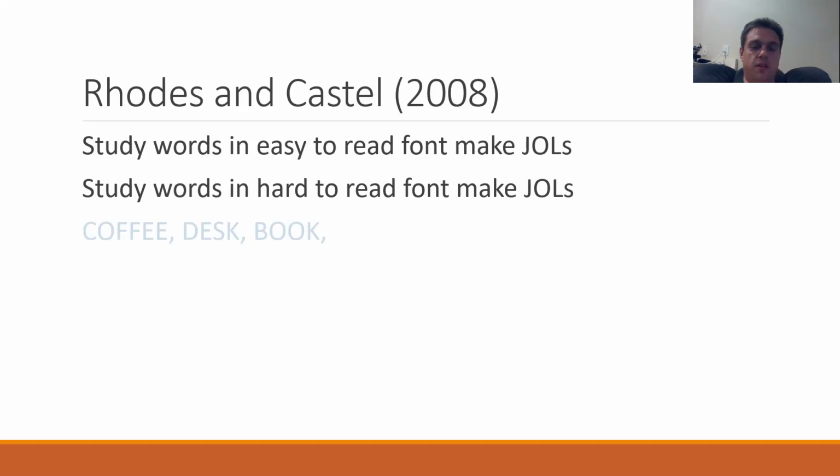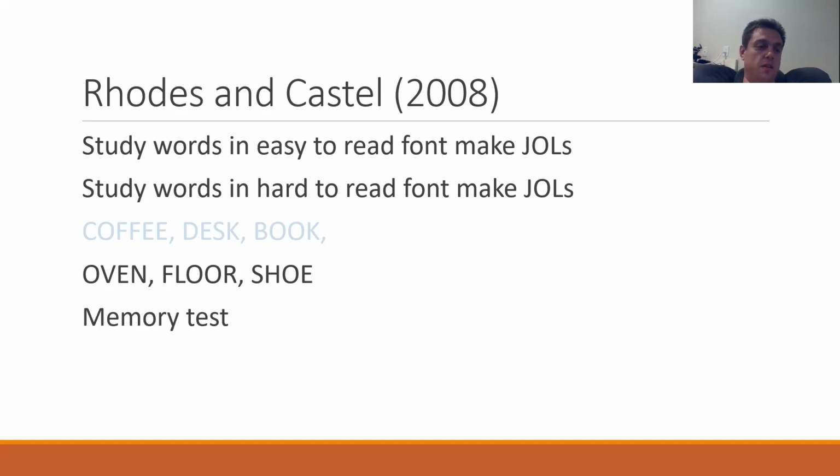They've done a few variations, but a font size that makes it hard to see, or a font color that makes it hard to see, compared to words studied in an easy to read font like you see here. So you're doing both and you estimate how many of those you're going to remember.